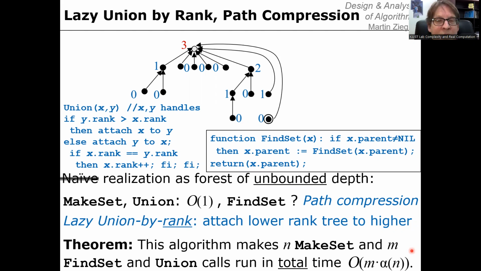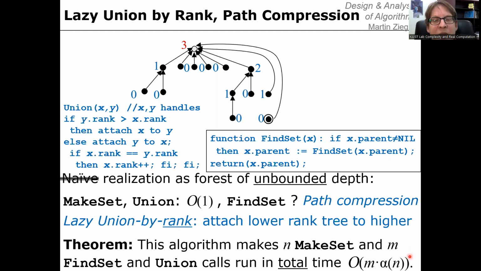So the lesson to learn is that this third algorithm, the lazy union by rank with path compression algorithm, has an extremely small amortized cost. For all practical purposes, the inverse Ackermann function is almost like constant. Remember, you calculated the log star and the inverse Ackermann function of the number of particles in the universe, and it was like, what, 6 or 7?